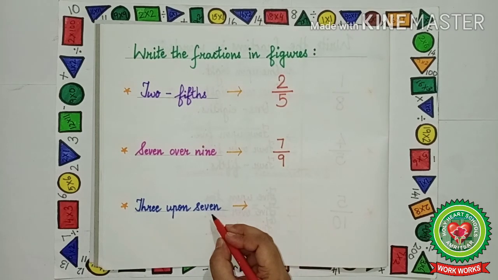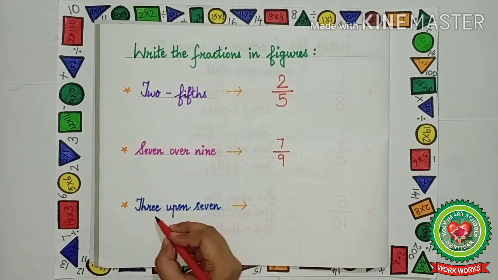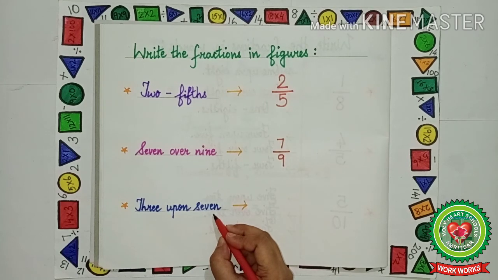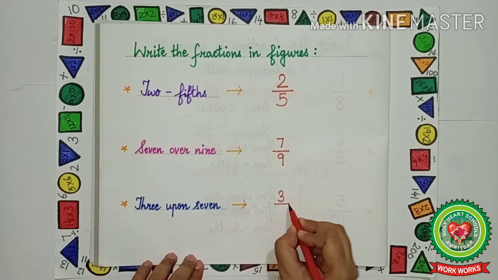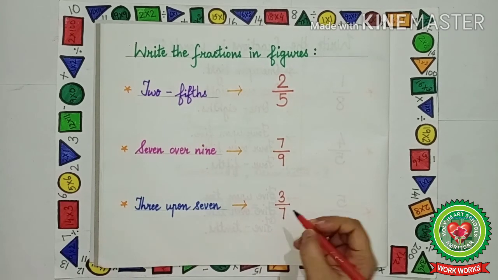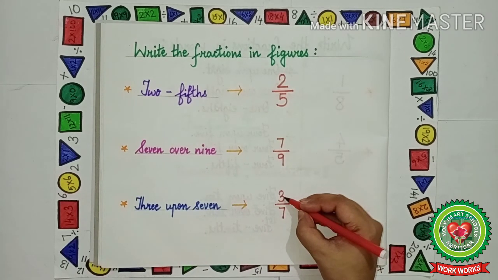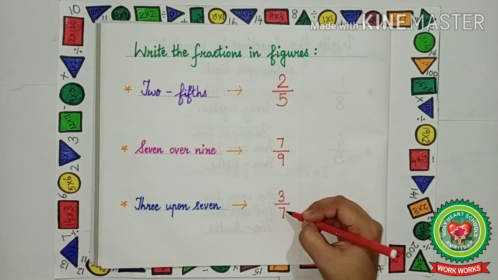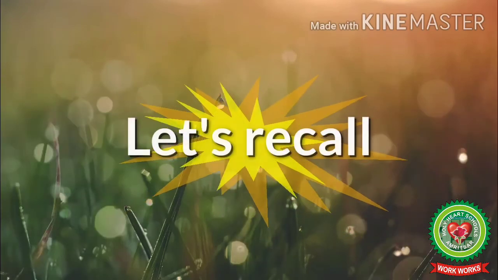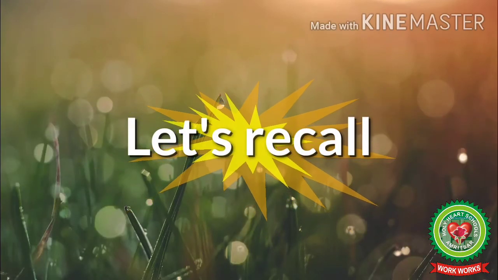So let us write 3 will be the numerator and 7 will be the denominator. So let us write 3/7. We can also read it as 3 over 7 or 3 upon 7.